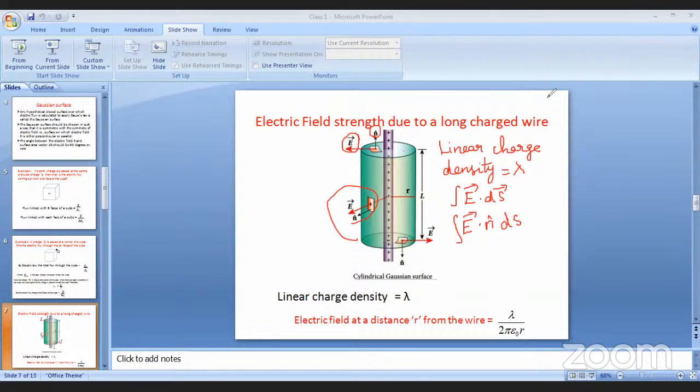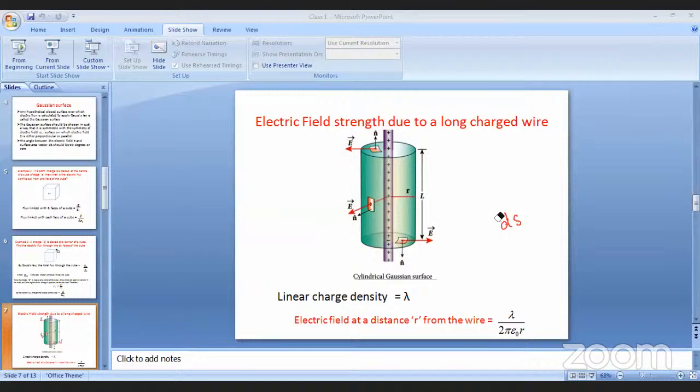Here we should know only the final result, so that you can straight away apply it in your numerical problems.